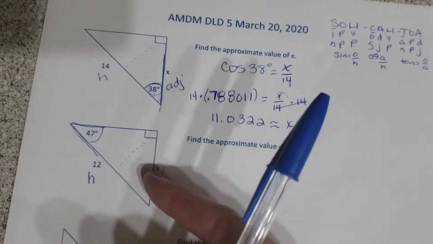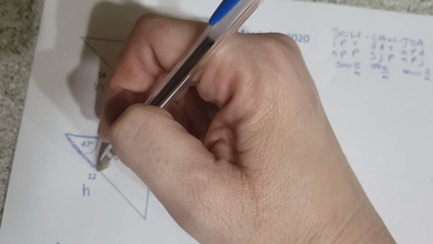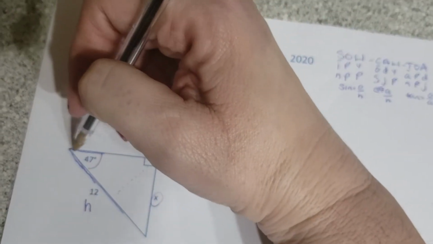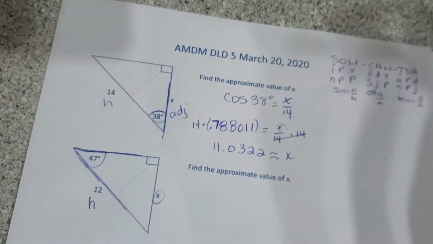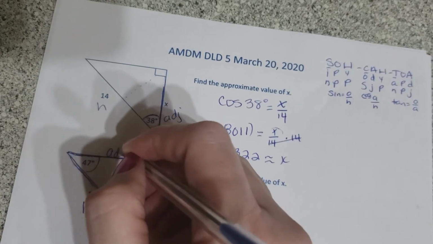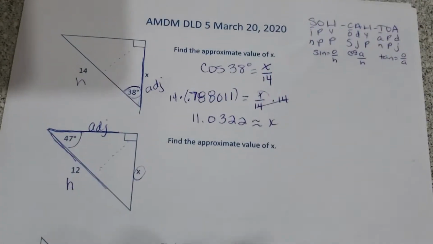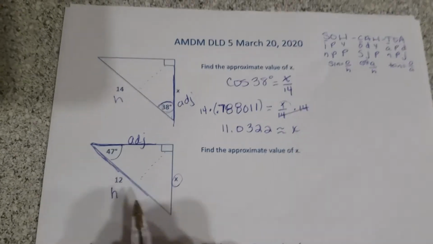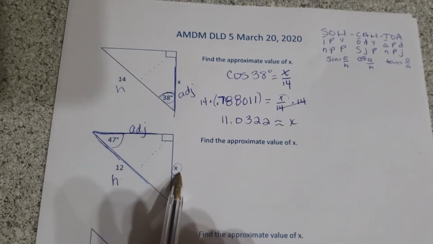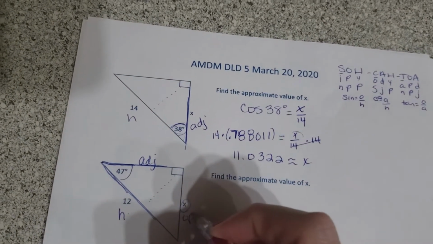The angles are always going to be made up of your hypotenuse and the adjacent side. So this would be my adjacent side. That doesn't really factor into what we're doing because I have the hypotenuse. I want the opposite side.